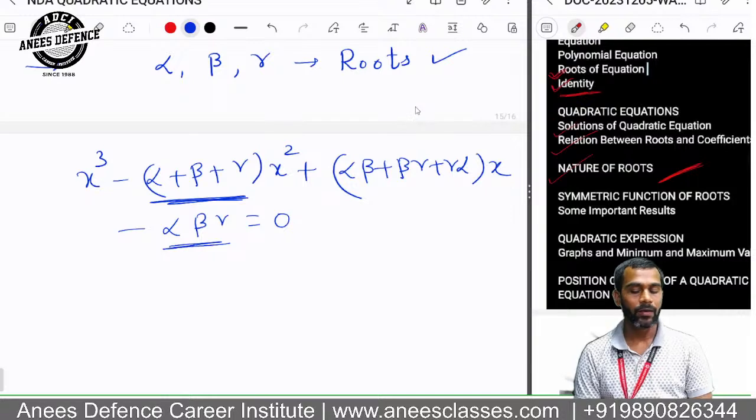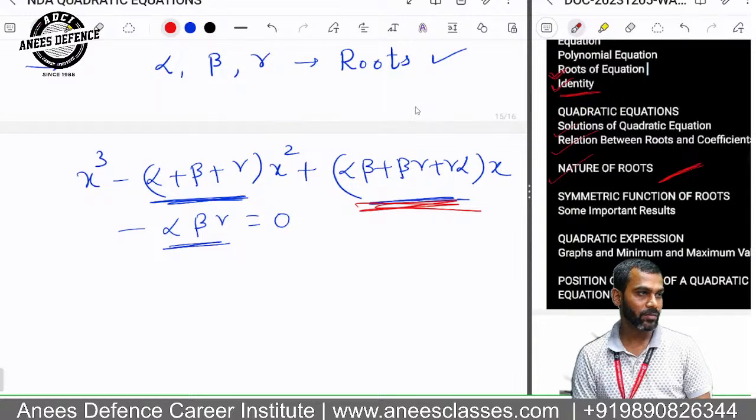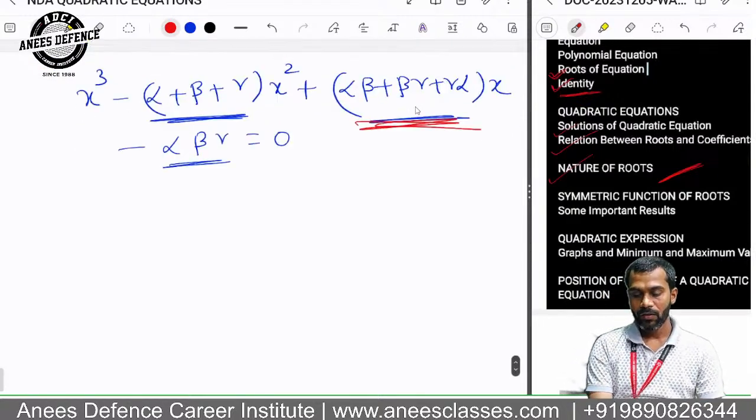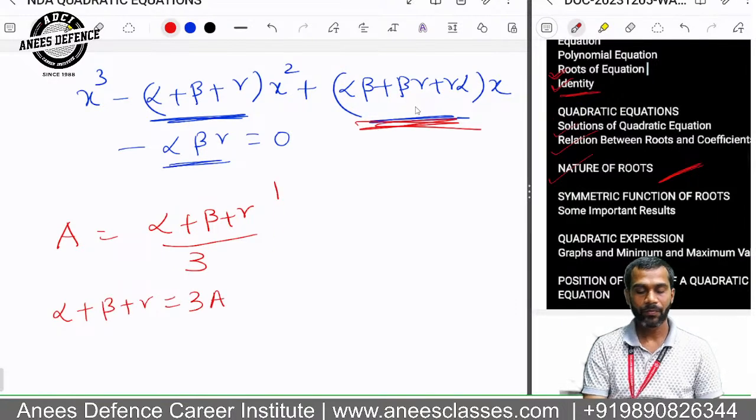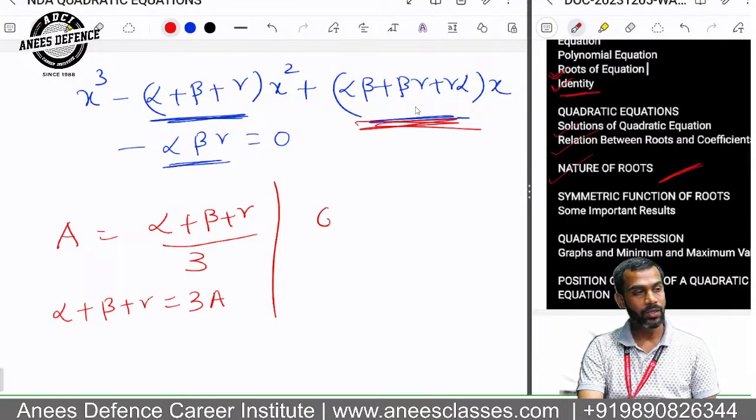Yes or no? But what about this? Harmonic mean we have to find. See how? What is A? Alpha plus beta plus gamma by 3. That is AM. So can I write alpha plus beta plus gamma is equal to 3A? Now tell me, what is G?